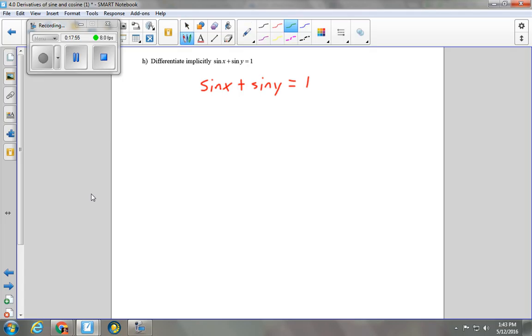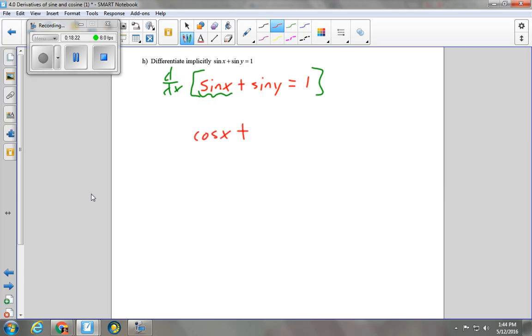What we're going to do is differentiate the whole thing, so I'm going to take d dx of the entire thing. When I take the derivative with respect to x of sine x, that's just normal: the derivative of sine x is cos x.